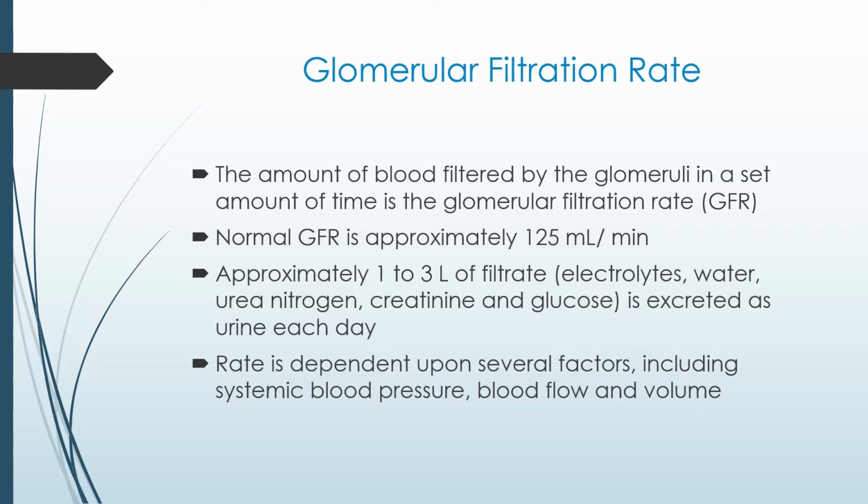Approximately 1 to 3 liters of filtrate, which is electrolytes, water, urea, nitrogen, creatinine, and glucose, is excreted as urine each day. And this we know because when we look at a urinalysis sample, we will see all of these things. And the rate of the GFR is dependent upon several factors, which include systemic blood pressure, blood flow, and then blood volume.